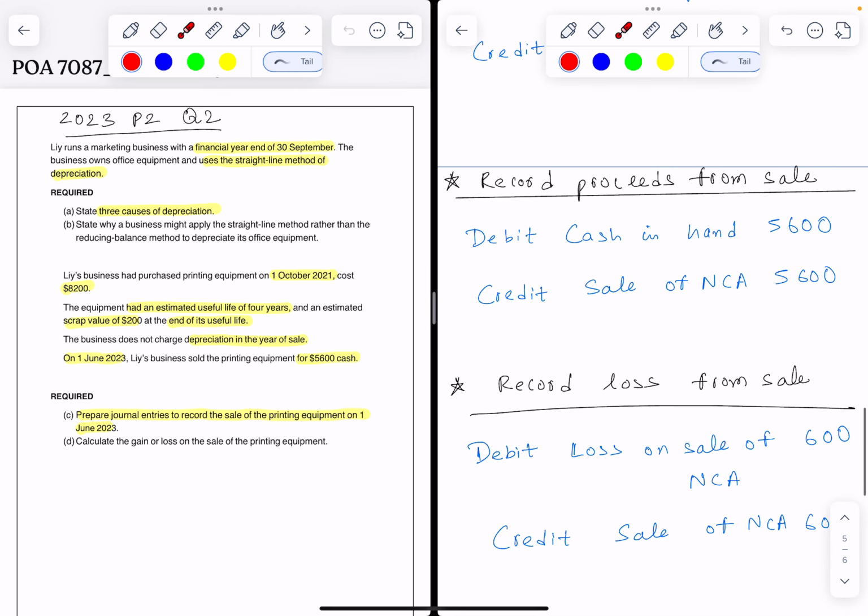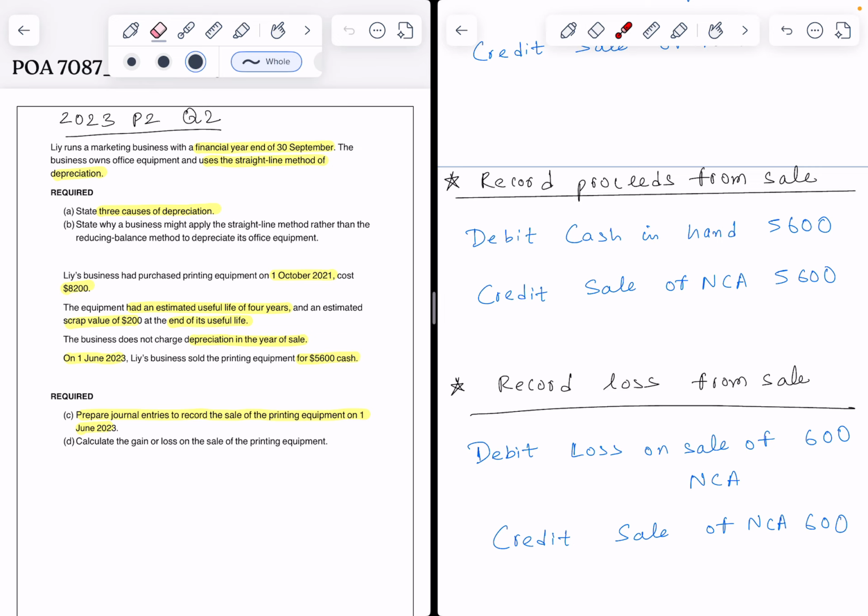Next, we want to record any proceeds from the sale or any amount we have received by selling the asset. We know we sold this asset for $5,600 cash, right? So because we have sold it for cash, it means our assets in the form of cash have gone up. And when assets go up, we debit it. So we are debiting cash in hand by $5,600, okay?